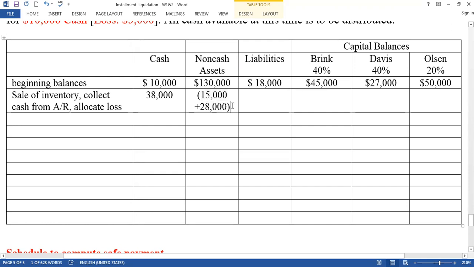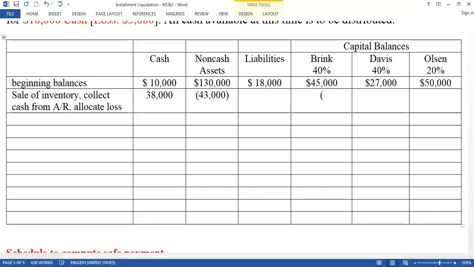What is the total amount here? 43, right? And the 5,000 is the difference. This difference is the loss. So $43,000 non-cash asset decrease converted into cash $38,000, and 5,000 is the loss, and this loss is going to be allocated 40, 40, 20 to the partners' capital.